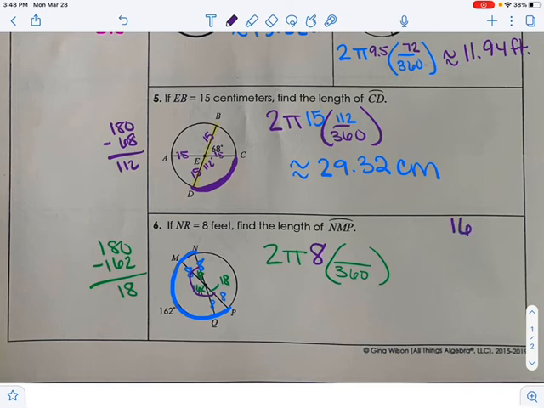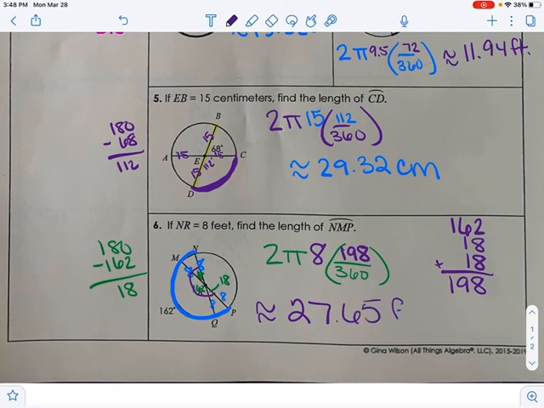So I have the 162, the 18, and the 18. When I add it all up, I should get 198 as my angle. And I go straight into the calculator. 2 times the pi button times 8 times 198 divided by 360 is equal to 27.65 feet.